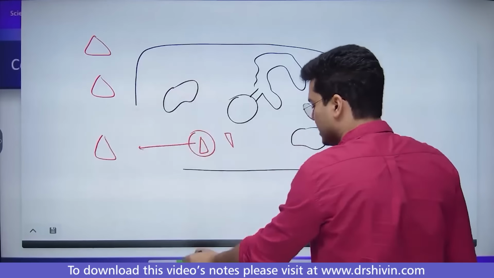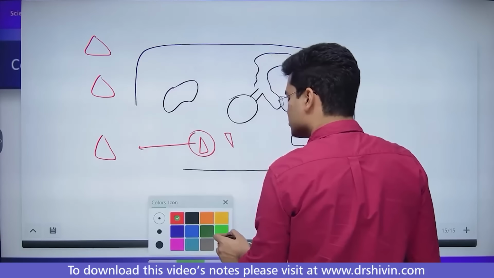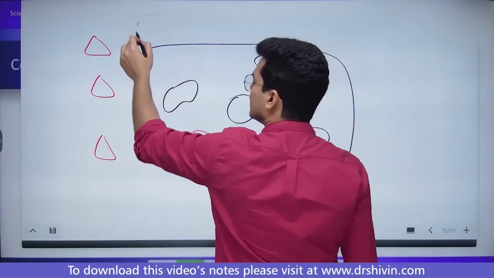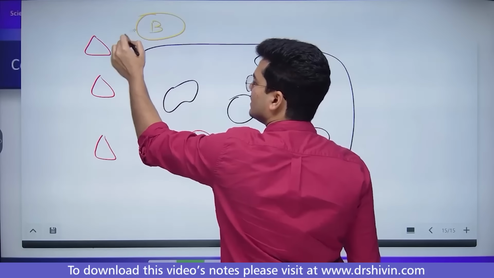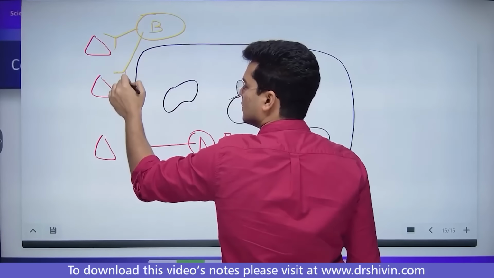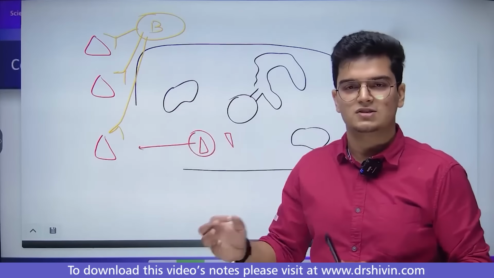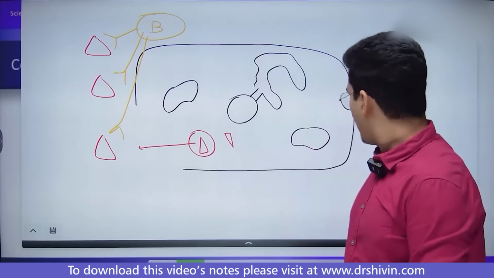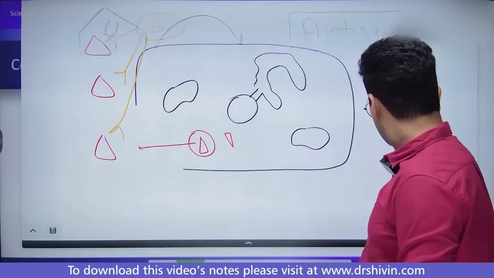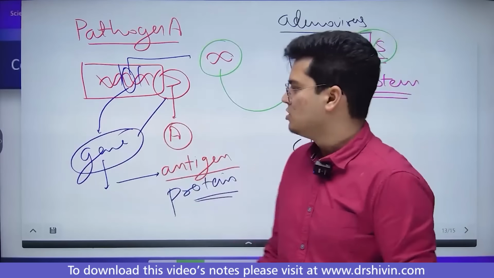Because as soon as the antigen gets to the blood, what is going to happen? There is a B cell waiting for this. It will look at it, start producing antibodies, generate memory. So I have delivered the antigen. The idea is to deliver the antigen to the blood without the pathogen. This is the basic idea of a vaccine.